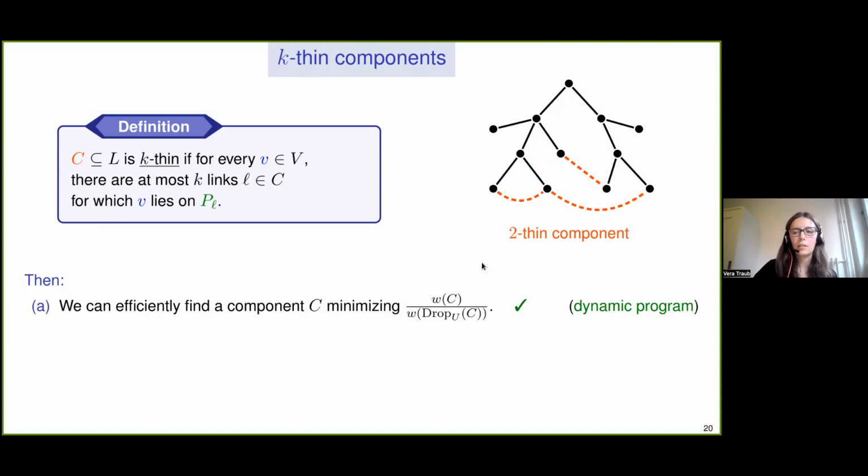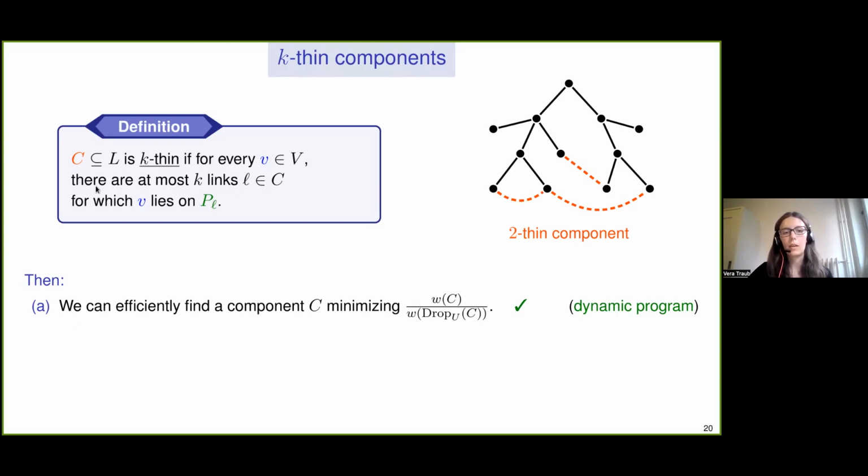It turns out that with this definition of k-thin components, it's actually possible to efficiently solve this minimization problem here. So we have this property A. This can be done with some fairly standard dynamic program going bottom up over the tree.